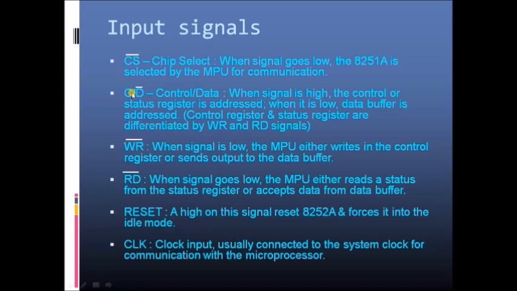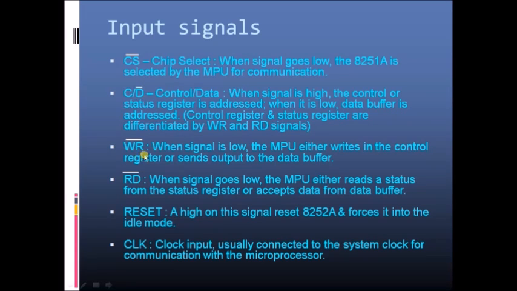This particular pin intimates the 8251 whether the information present on the data bus is data or control. If the data bus is carrying data information, then this pin would be 0, which indicates to the 8251 that the information on the data bus is data, and that should be stored inside the data register. If this pin is 1, then it indicates to the 8251 that the data bus is now carrying control information, and that should be stored inside the control registers.